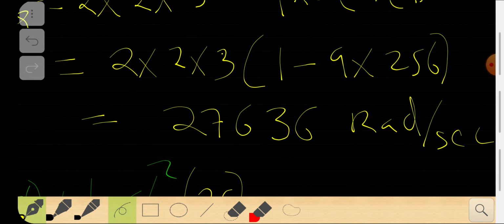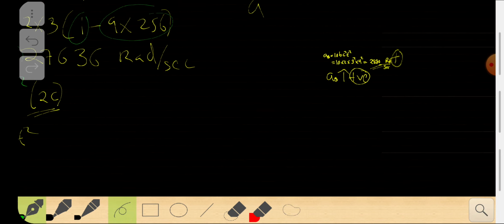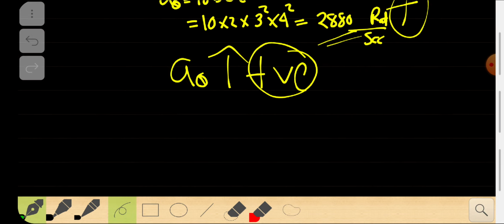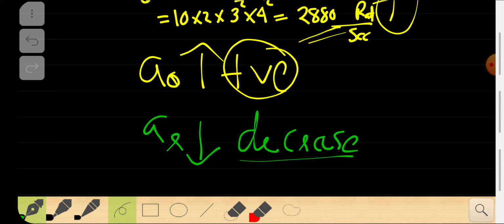This number is very big and this part is going to be small, so there is a minus sign here. I forgot about that. So AR is very big, but in the opposite direction. It's decreasing. It's a negative value.